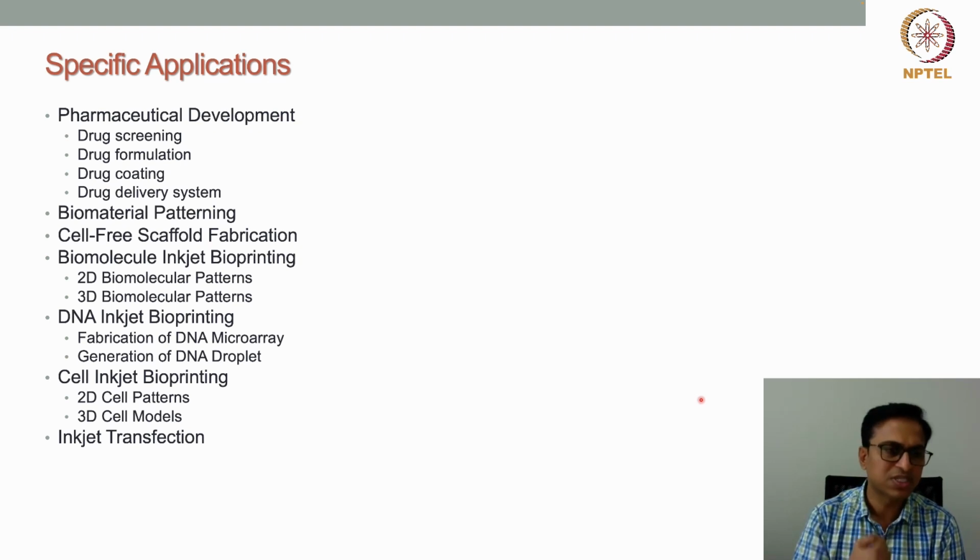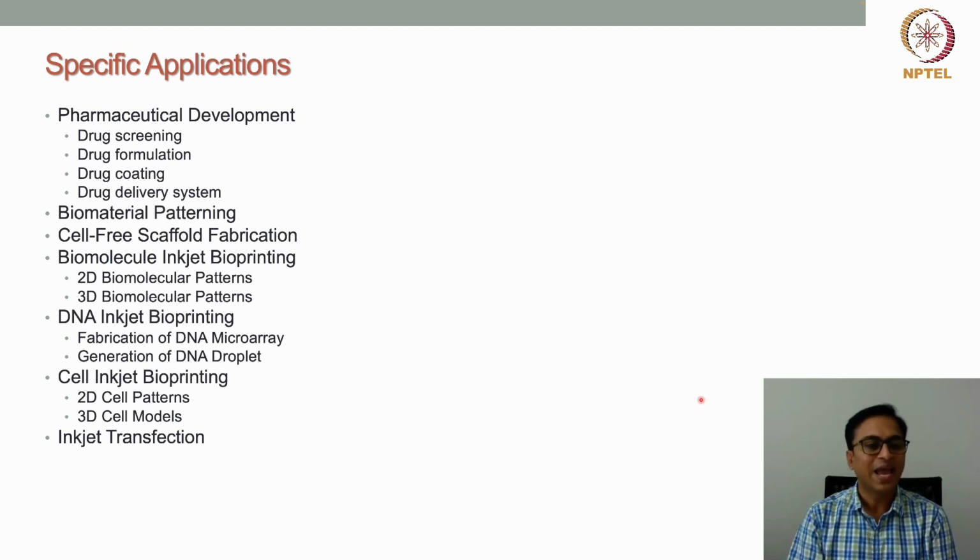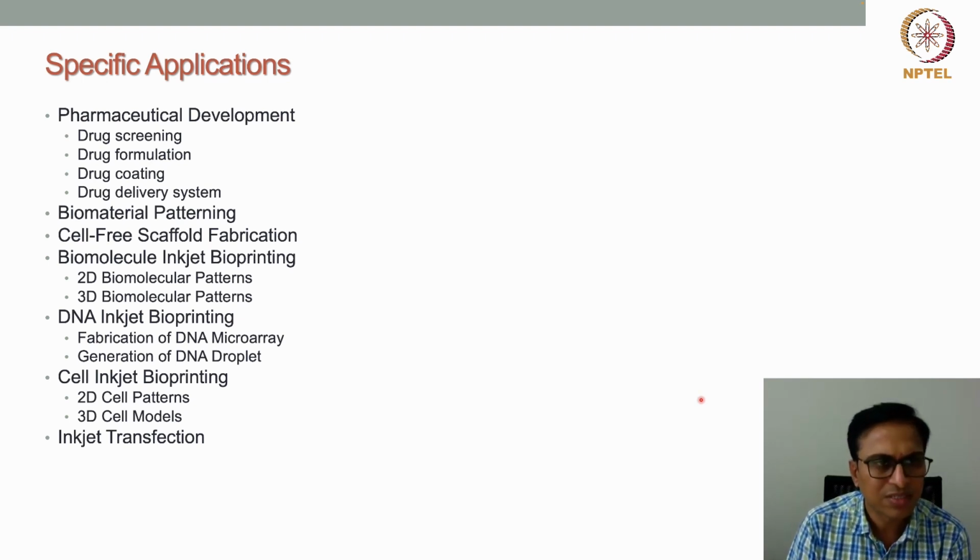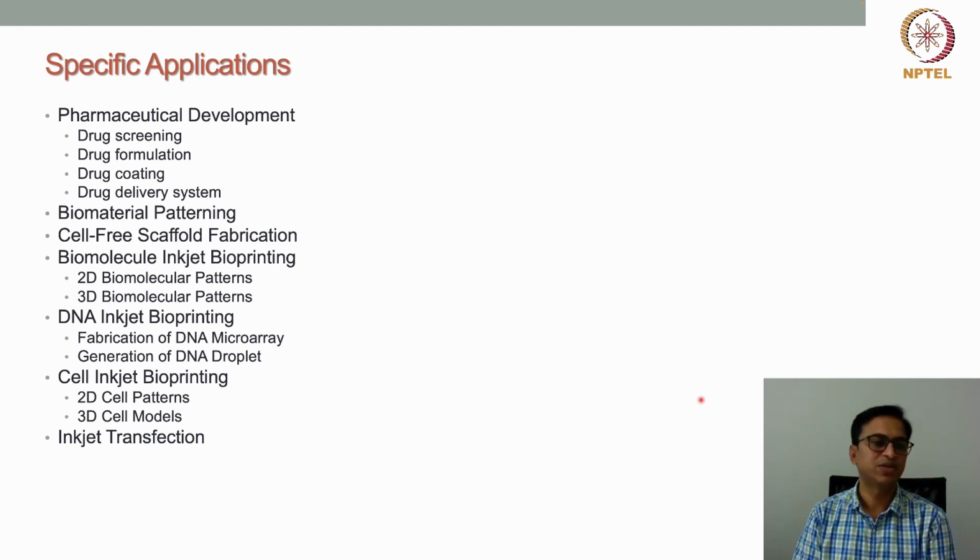For this kind of application, drug coating can be used, and the drug can be coated at a relatively lower scale, so that a kind of nano coating can be done. Similarly, inkjet 3D printing is also well used for drug delivery system development.